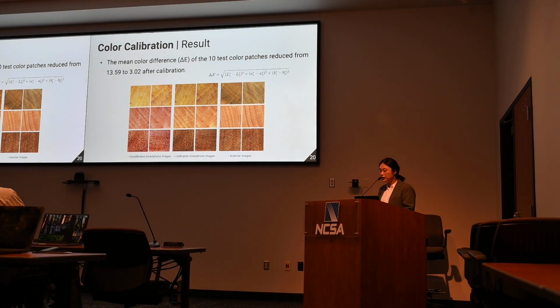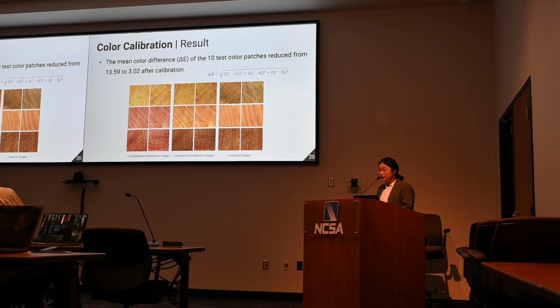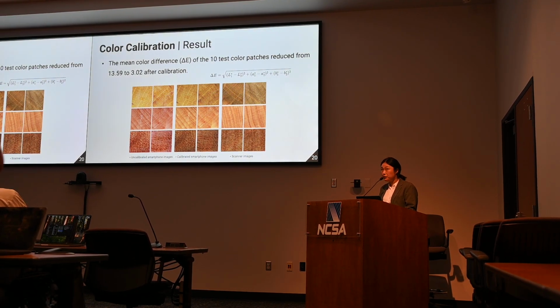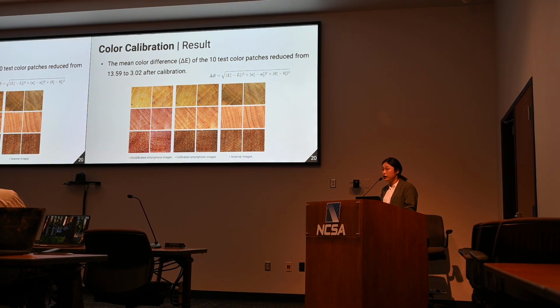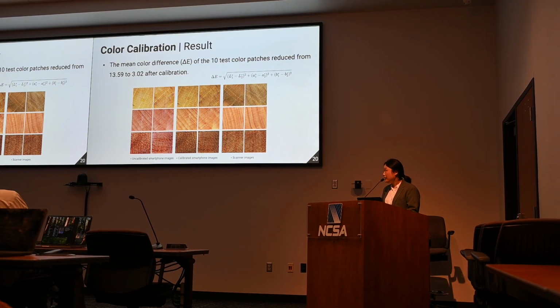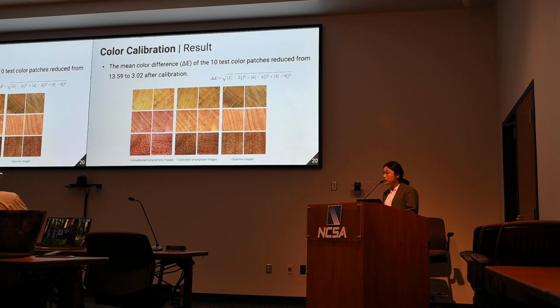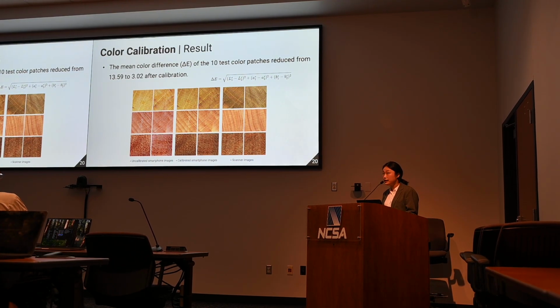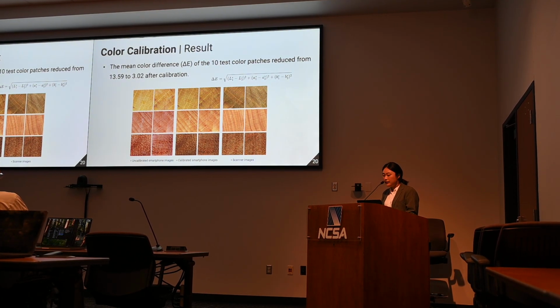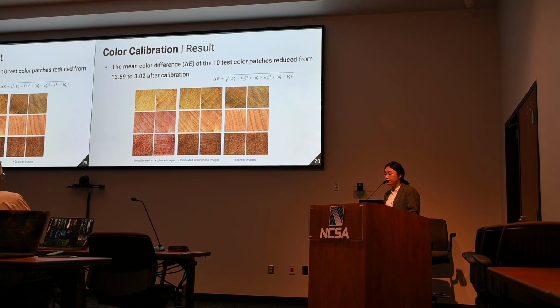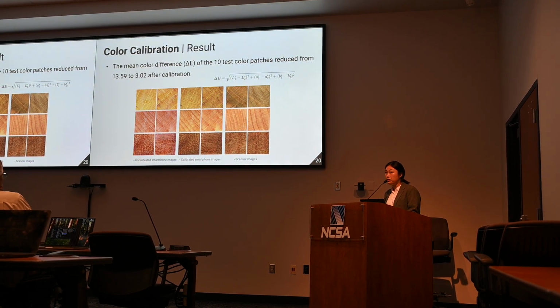The mean color difference delta E decreased from 13 to around 3 after calibration, as we can see in the figure. On the left we have uncalibrated smartphone images, and in the middle are calibrated smartphone images. As you can see, the calibrated smartphone images are much closer to the scanner image.